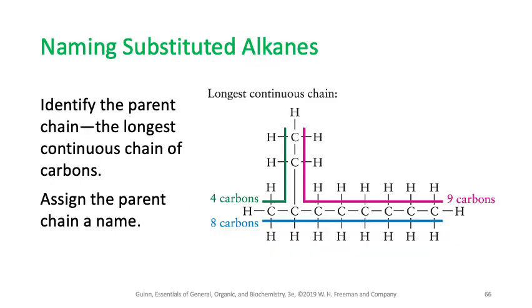So before we go on to the naming, let me give you an example. Let's say you have a skeleton line structure, and then you have this line on the top. So what does substituted mean? If you start, how many free end carbons do you have in there? You have this carbon which is free, because there is no carbon attached to this carbon, and this carbon is free. So if I start from here and follow the bond, now I have two choices.